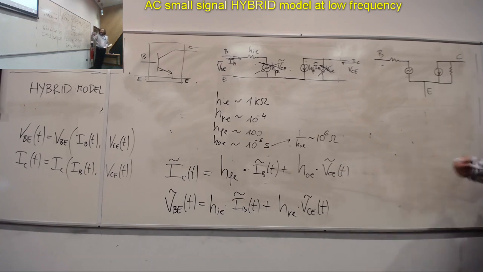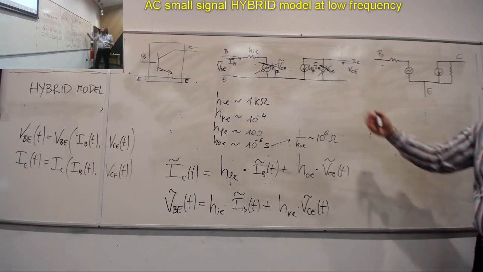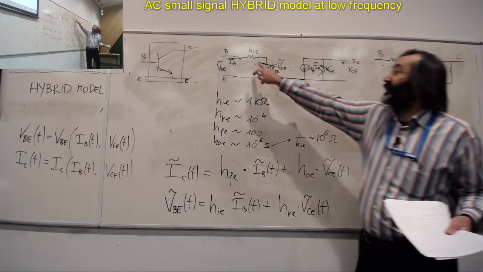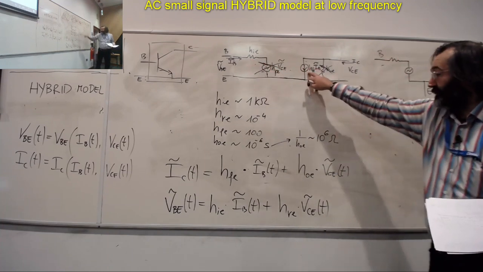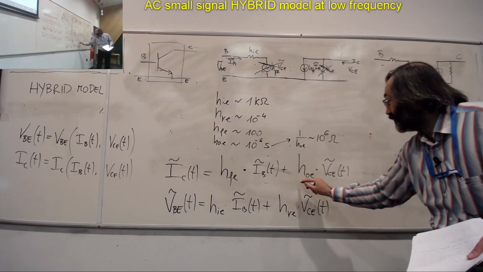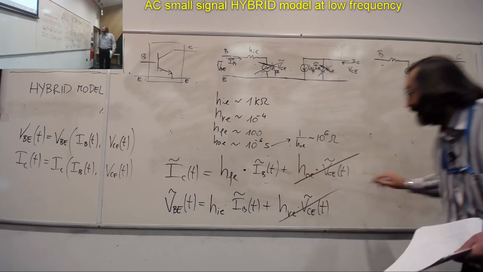And so the reality is, just to simplify things, we will always be using a simplified version of this model, which effectively contains only this and that. We are effectively going to throw out this term and this term.